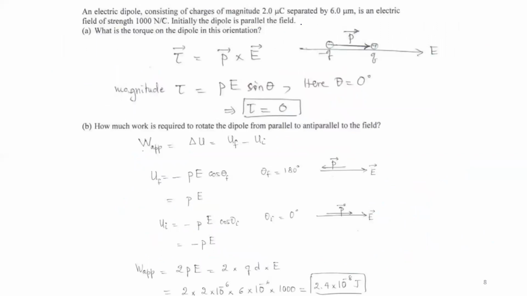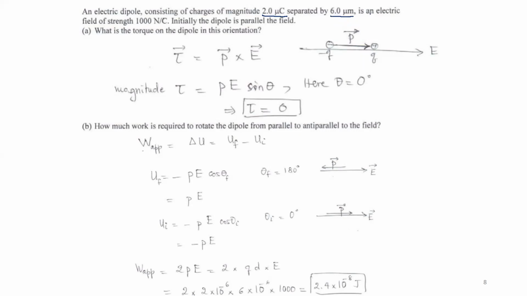Now, let's apply it to this problem, for instance. So here what do we have? We have an electric dipole consisting of charges of this magnitude. That means I will have minus 2 microcoulomb and plus 2 microcoulomb separated by 6 micrometers.